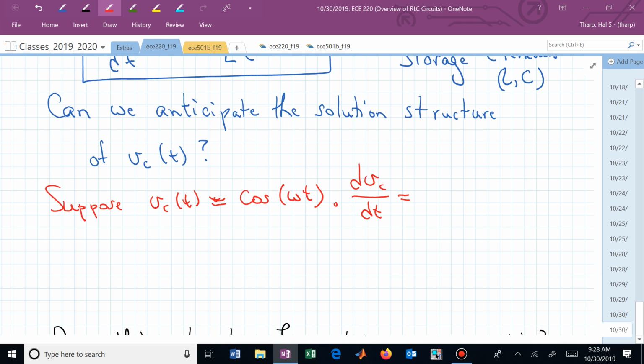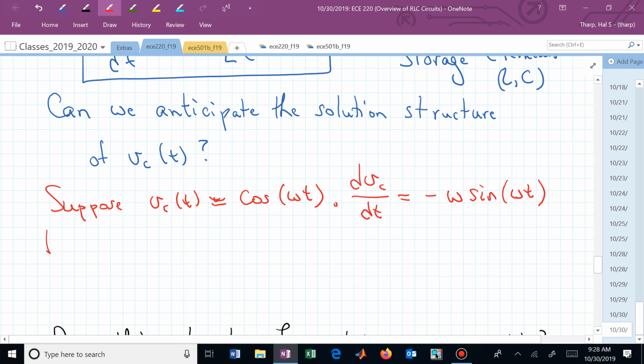Negative sine. And do we need to worry about the omega in the argument? Yeah, we have to differentiate that. So we now have negative sine omega t, derivative of omega t with respect to time gives us the omega, or this now is minus omega sine omega t.